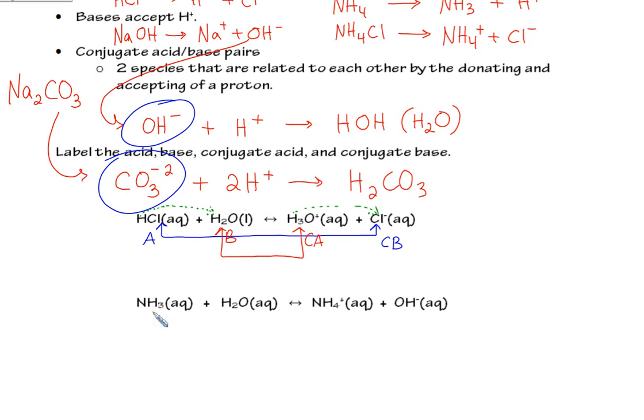Okay, so going forward, NH3, we find its partner, NH4 plus 1. Okay, so going forward, NH3 accepted a hydrogen. The hydrogen acceptor is the base. Ammonia is a base. Now, if this NH4 wants to go backwards, he's going to have to lose the hydrogen, meaning he's a hydrogen producer.